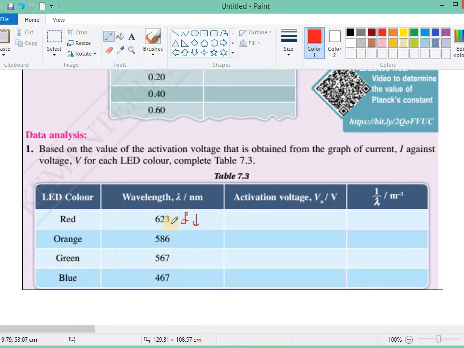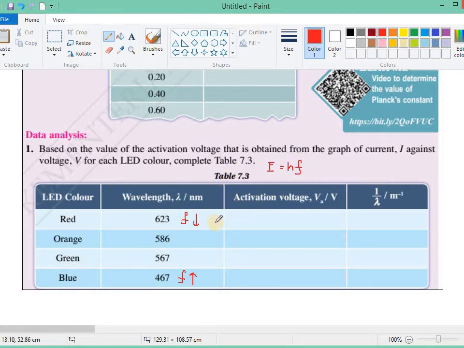And from red to orange to green to blue, you see the wavelength becomes shorter. And when the wavelength becomes shorter, it means the frequency of the wave will be greater. So from what we learned previously, the energy of the photon equals Planck constant times the frequency of the photon.